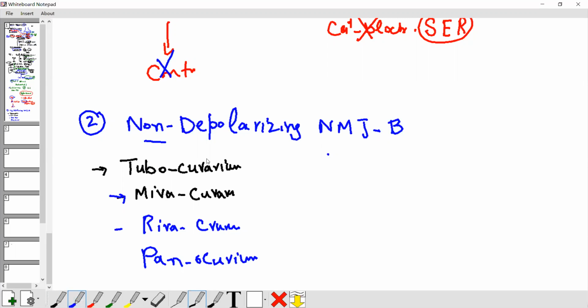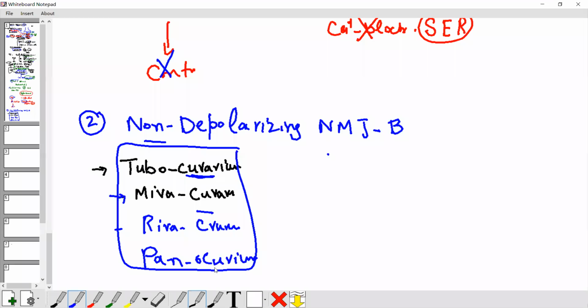So it's this family, Curare family, okay? Just these four or five names, and a big list. The word here, Curare, curonium.